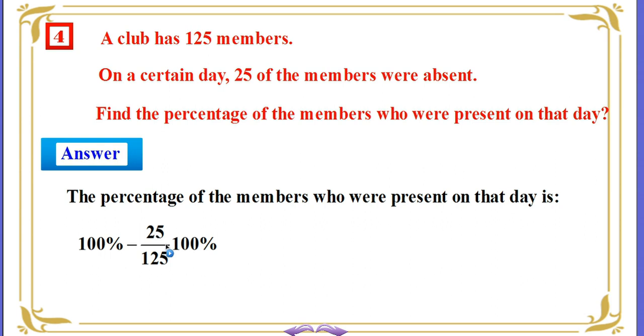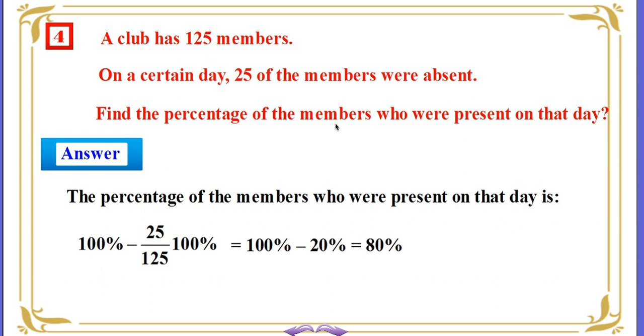And the percentage of the members who were absent, you can find by the number of members absent divided by the total number of members and multiplied by 100%. This one you calculate as 20%. And then the result is 80%. This is the first way you can find the percentage of the members who were present on that day.